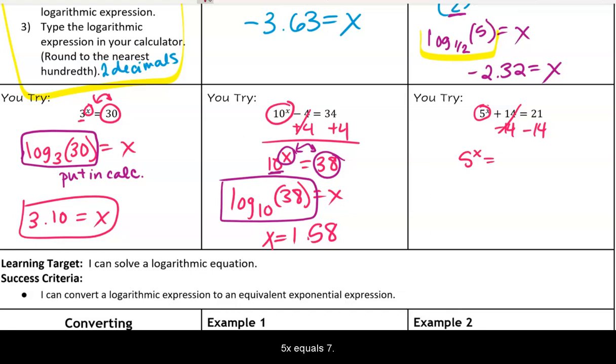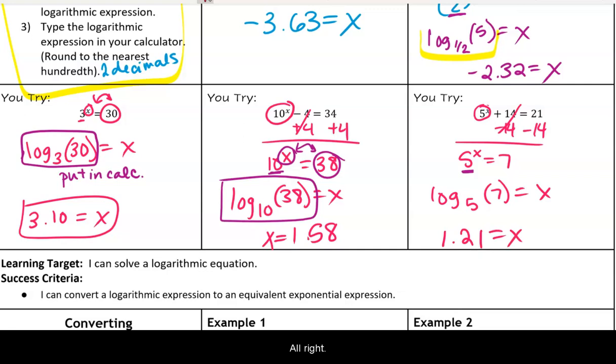We get 5 to the x equals 7. Now we can do the base and switch. Here's our base, 5. So log base 5 and switch. Putting that log base 5 of 7 into the calculator, and we get 1.21 equals x.